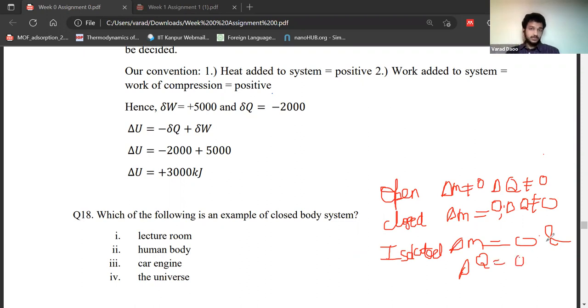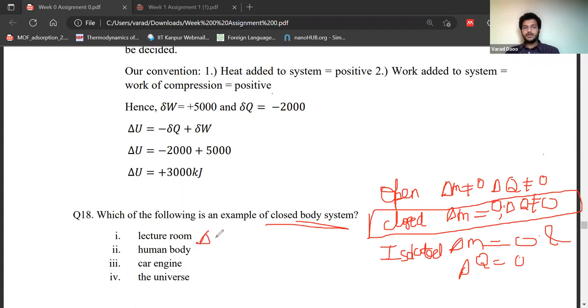So what we are asked is closed system. That means we are looking for this. So now lecture room: clearly for a lecture room, mass transfer is possible, and delta Q is also not equal to 0. That means this is an open system. So this is not what we want. Human body, obviously mass transfer is also possible and delta Q is also not equal to 0.